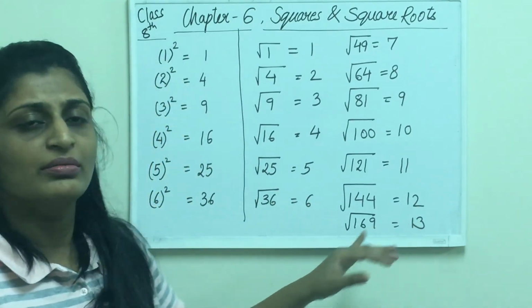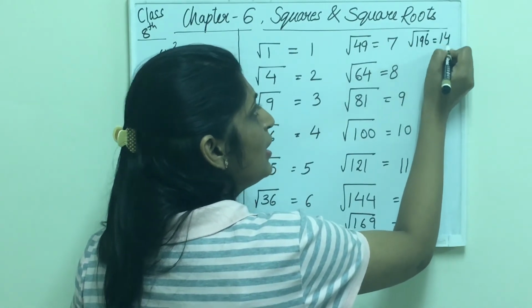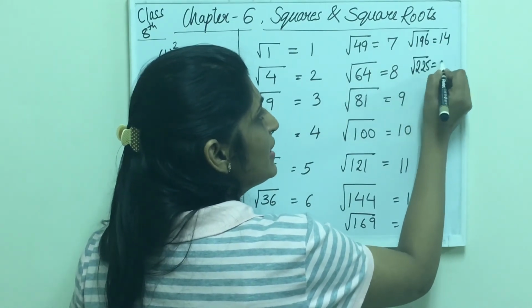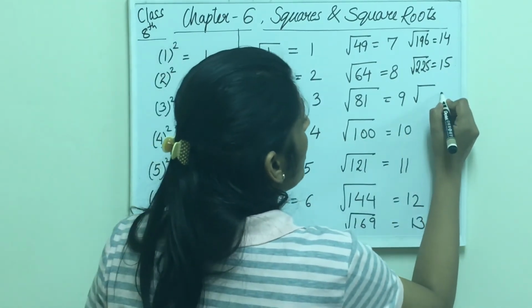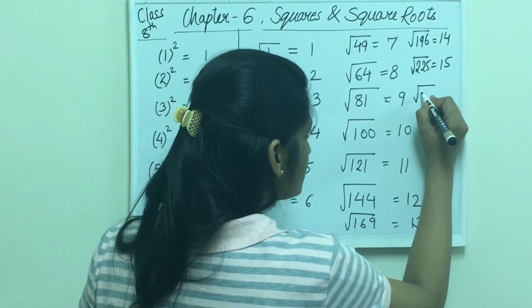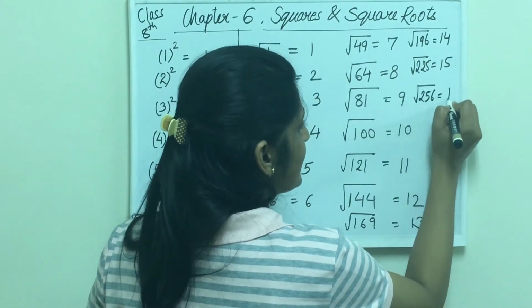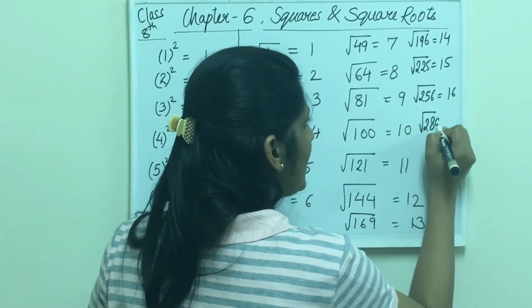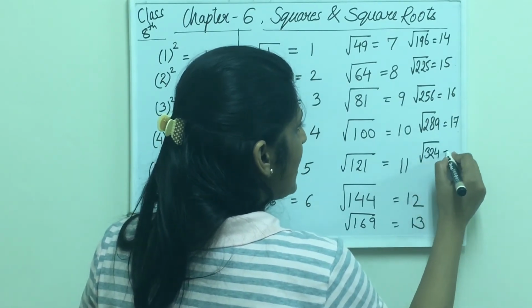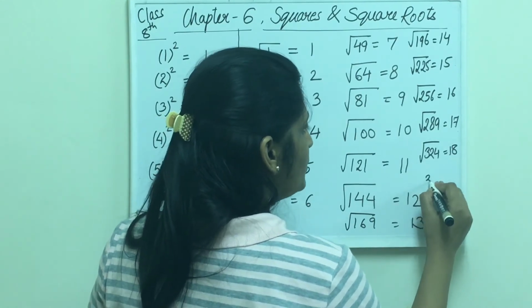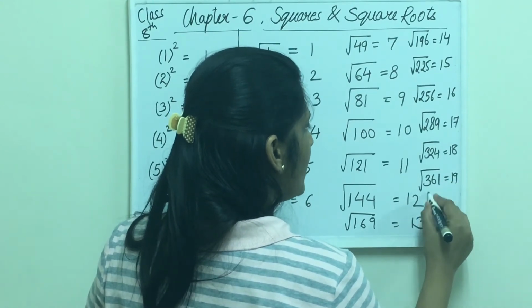The square root of 225 is 15, the square root of 289 is 17, the square root of 324 is 18, the square root of 361 is 19, and the square root of 400 is 20.